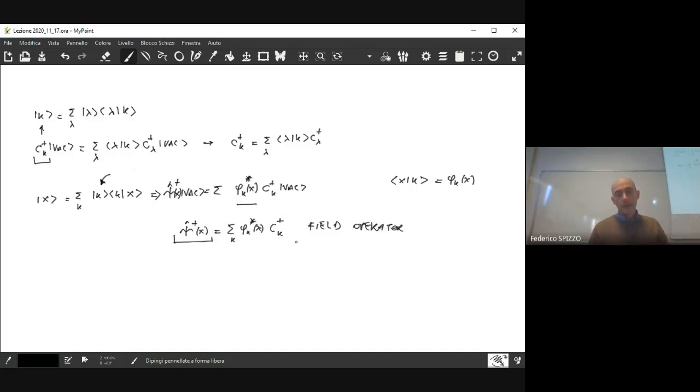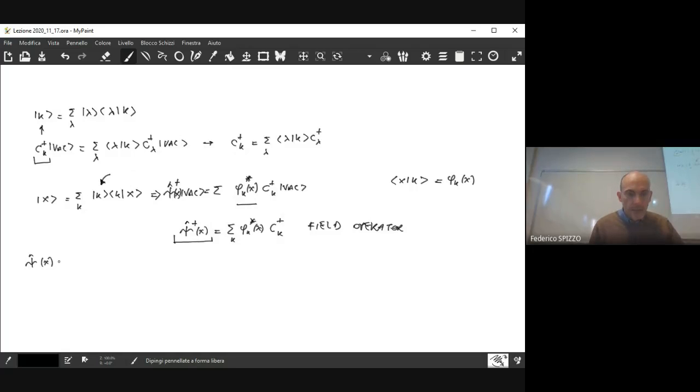Since in this way, we create the correspondence between, again, a position in space and an operator corresponding to exactly the same position. And at this point, we may imagine what is the distraction operator. The distraction operator has the same expression, just with the complex conjugate of that.